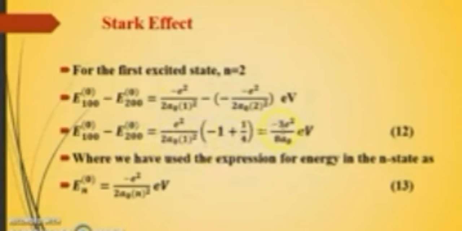So this turns out to be finally minus 3e square by 8 a naught electron volt. Please skip this minus sign. Here we have used this expression for energy as discussed before.